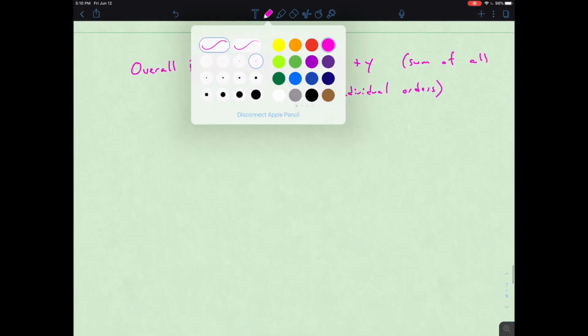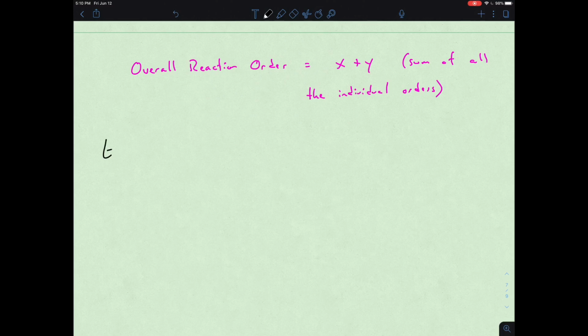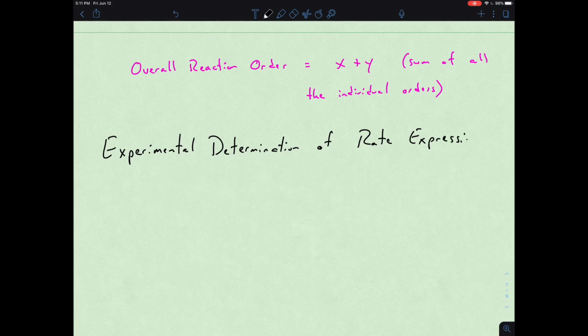Now let's look at how we can determine it. How can we determine our overall rate expression with an actual experiment?